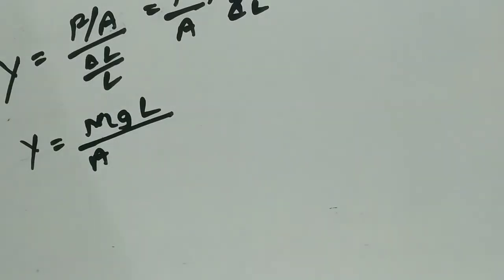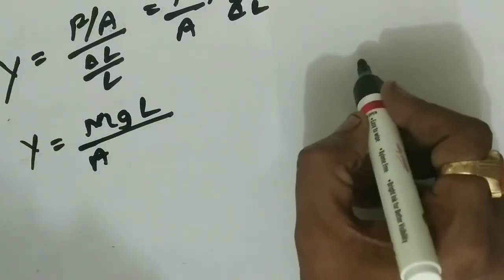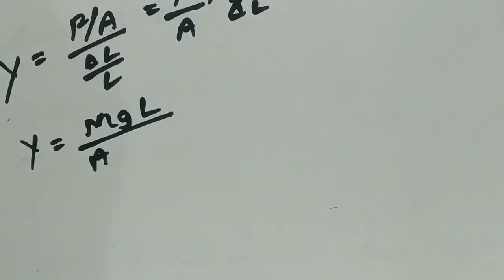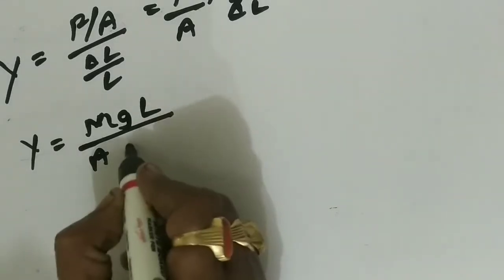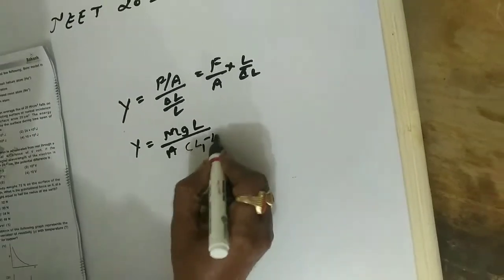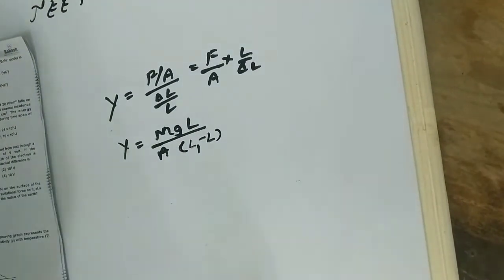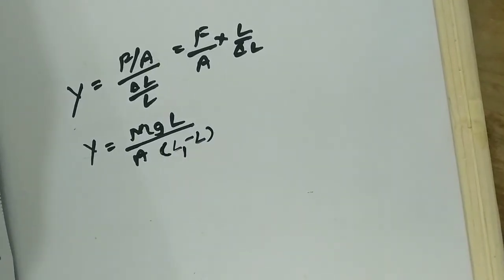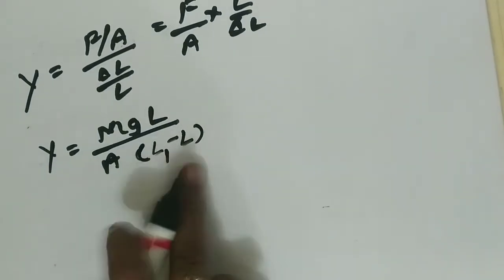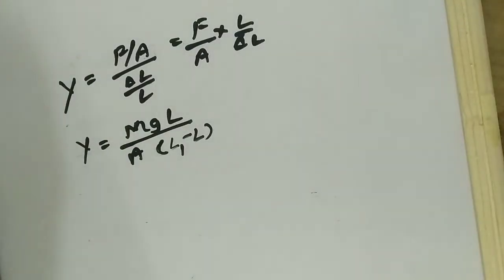After extension, what is that? L dash. Before that extension L, change in length is nothing but L1 minus L. L1 is the total wire length after extension and the initial length is L. Delta L is nothing but L1 minus L. Your option is third.